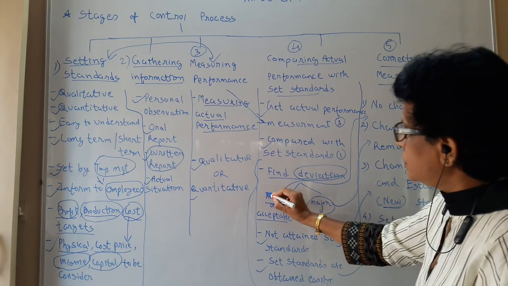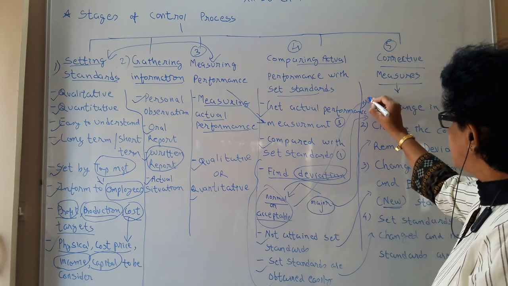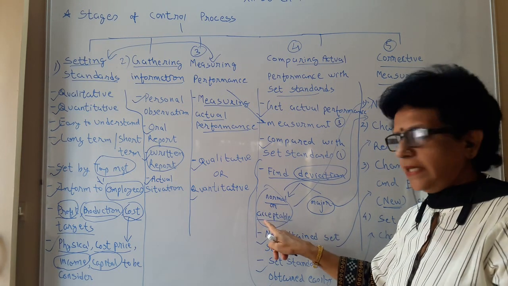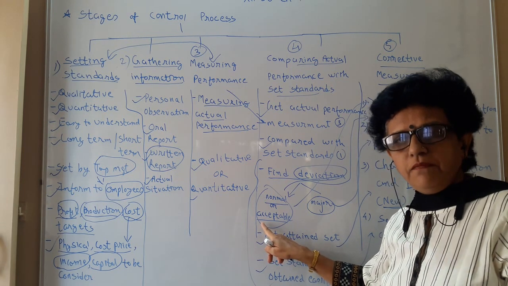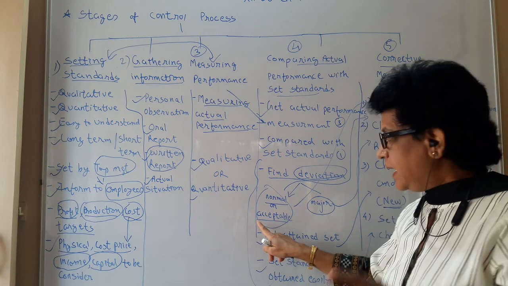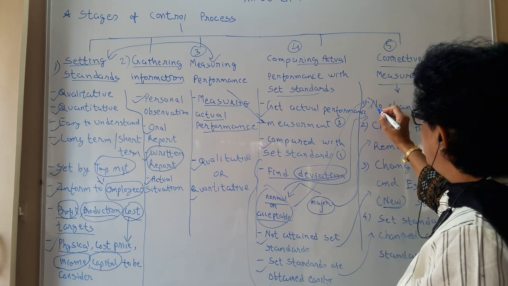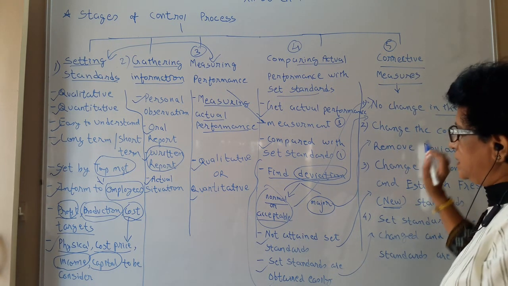See, when it is normal or acceptable, in that case, there is no change in the condition. Everything is going on smoothly, everything as per target, your target is appropriate and there is no change. So this point leads to no change in the condition. There is no need of a change.